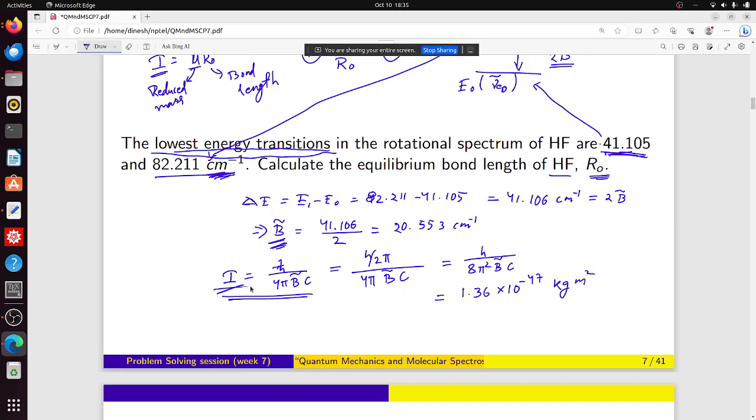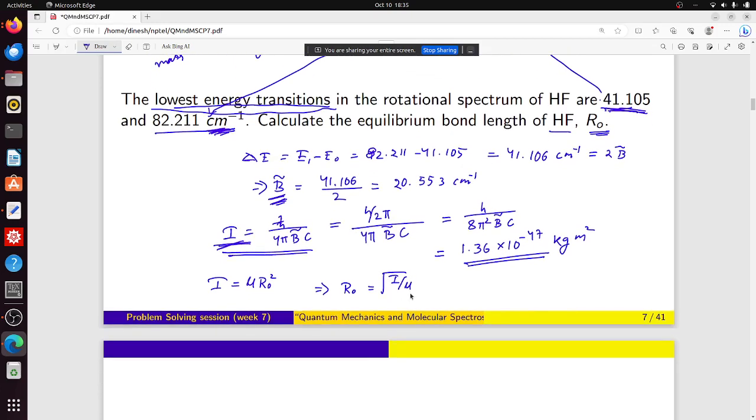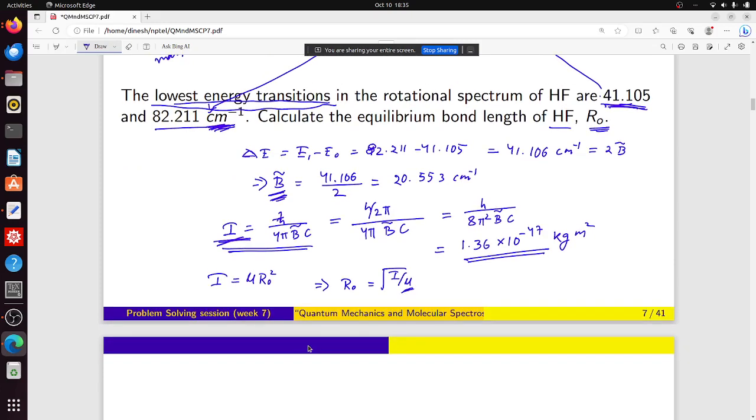Okay, so the moment of inertia is this much. Now we can apply this formula. I is mu r naught square, which will give us r naught to be root of I over mu. Okay, now we need mu also.